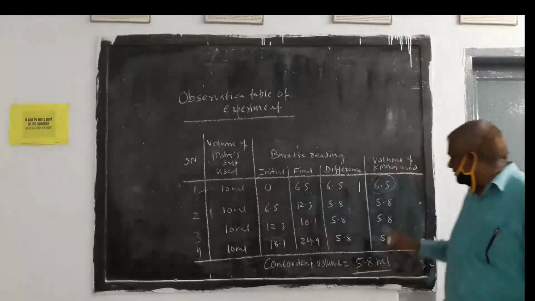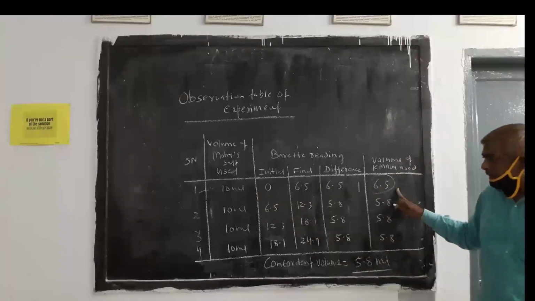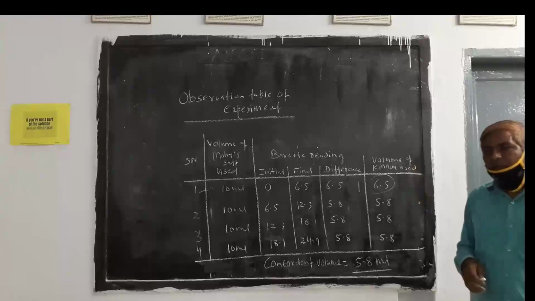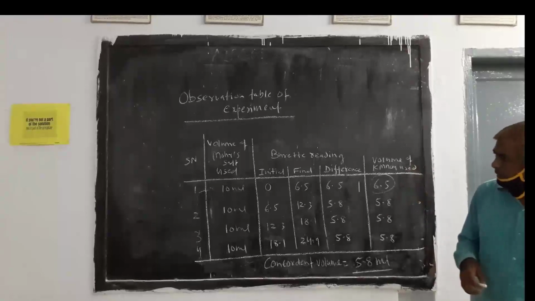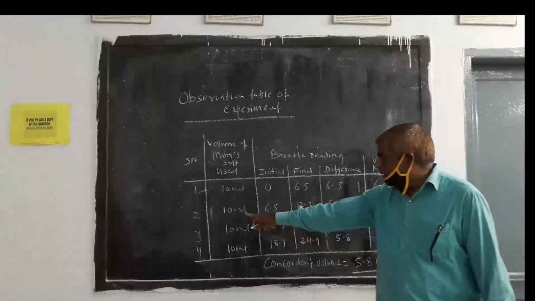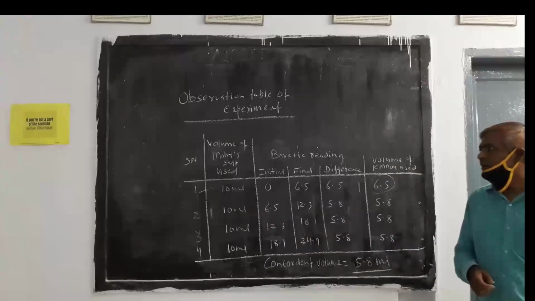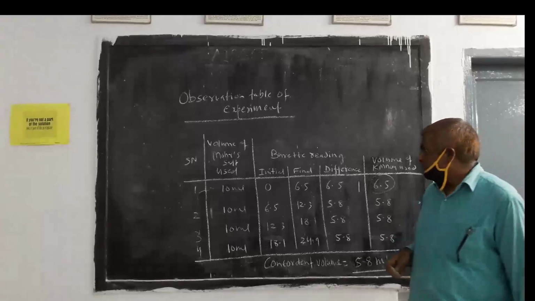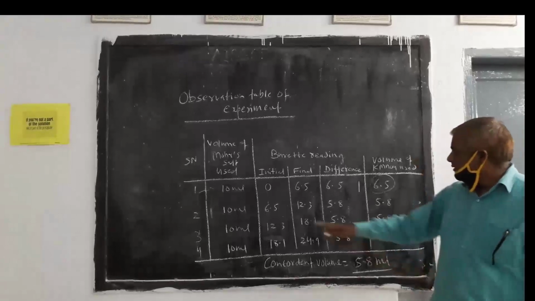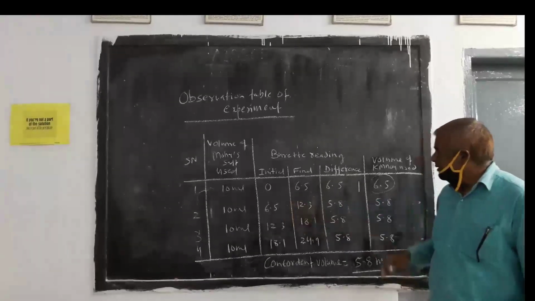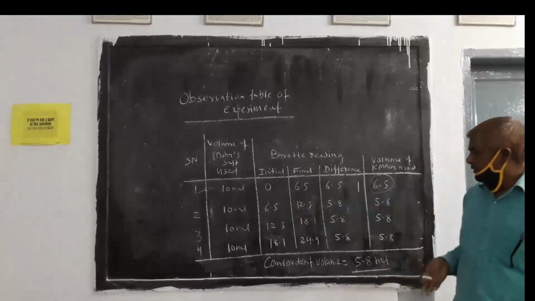salt. This reading indicates that. In second observation, again I have taken 10 ml of Mohr's salt solution in a conical flask and checked the initial reading. The initial reading was 6.5. Then start the process.